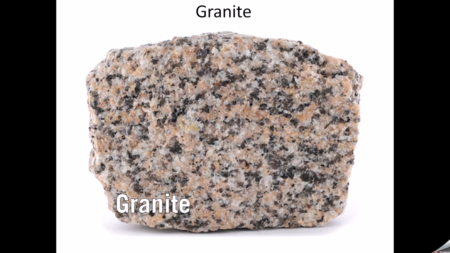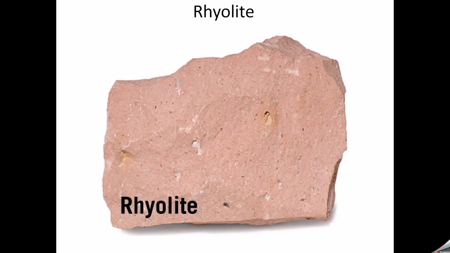This is the granite, which is plutonic, and here is the rhyolite, the volcanic. Granite and rhyolite have the same chemical composition, but rhyolite is volcanic and granite is plutonic. Here we can't see large crystals because they form under a very high rate of cooling, so they didn't get enough time to form large crystals.